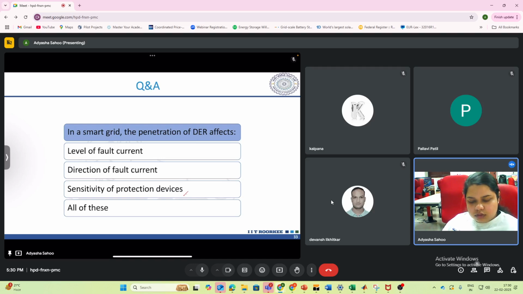So these we saw, no? Everything, that is magnitude, direction, sensitivity, all of these are affected. So the correct answer is all of these.